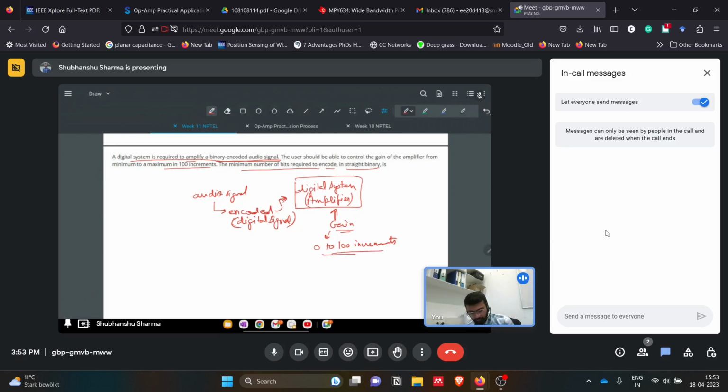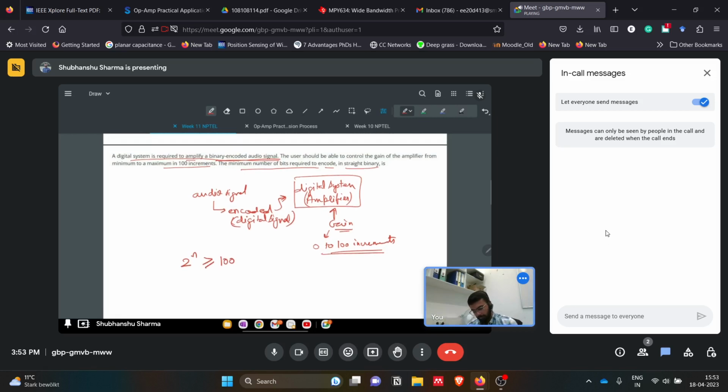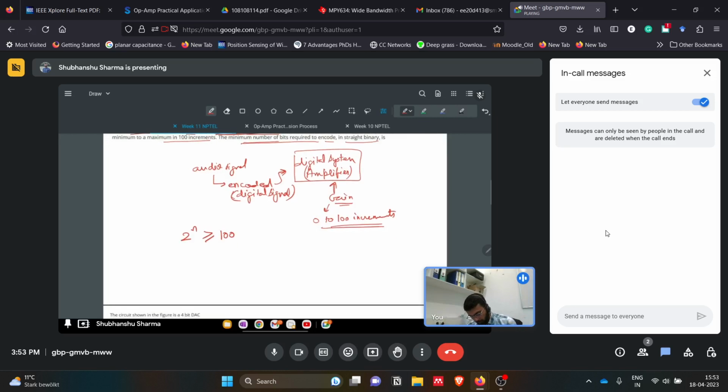So for 100 increments, we need at least 100 levels for our digital system. That means 2 to the power n should be greater than or equal to 100. So if this digital system has n bits, then n will be greater than or equal to 7.